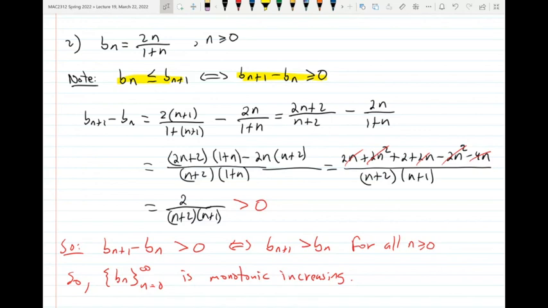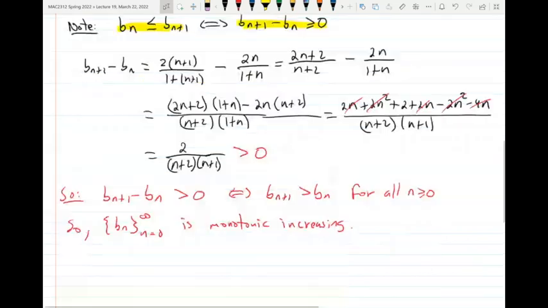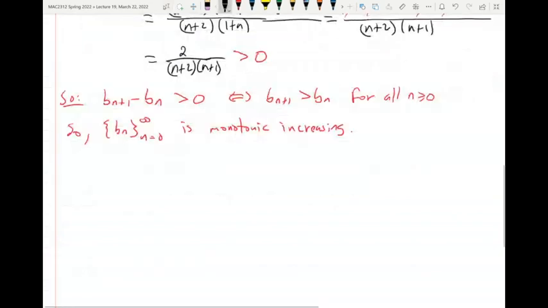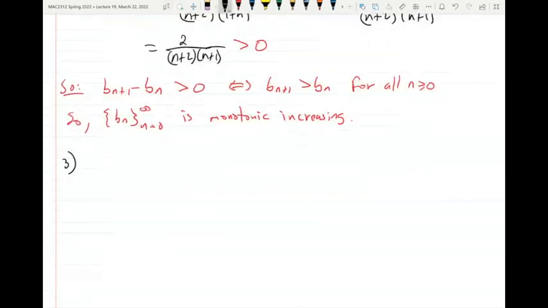Okay. Let's see an example now. All right, so how about this one?